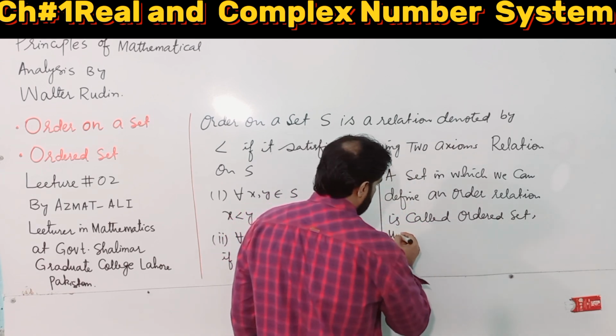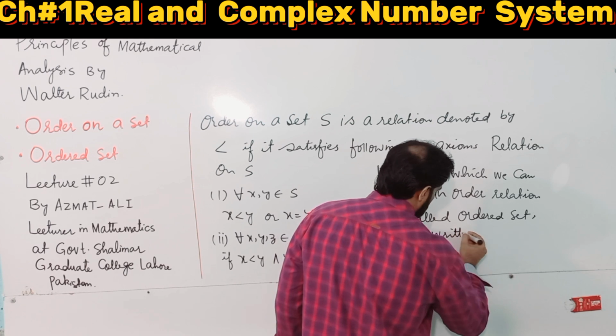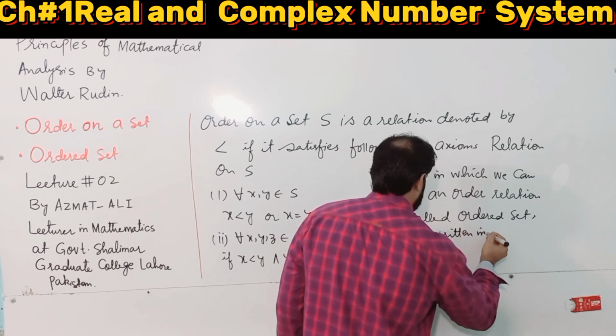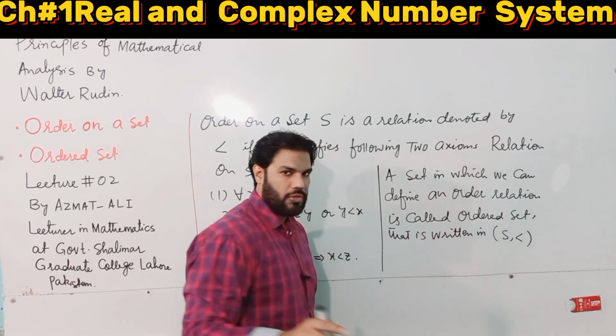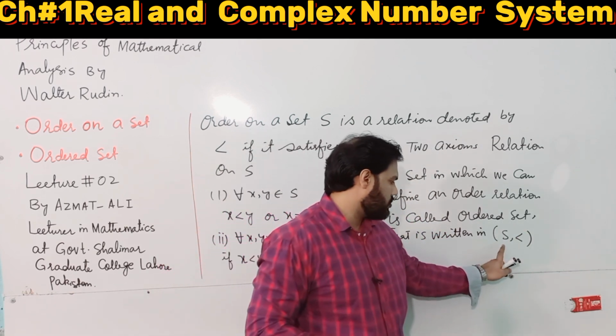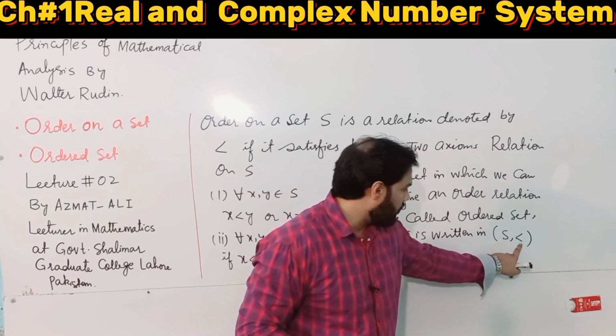It is written in ordered pair form as the set S with the order relation. So this shows that S is an ordered set with order less than sign.